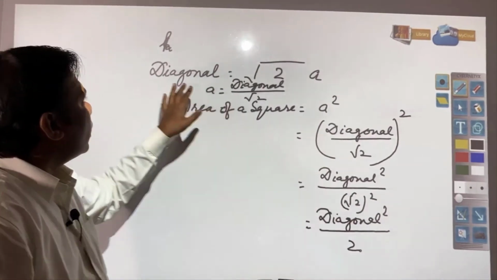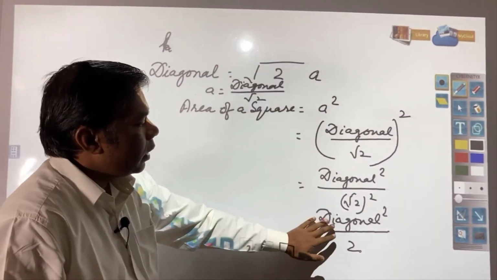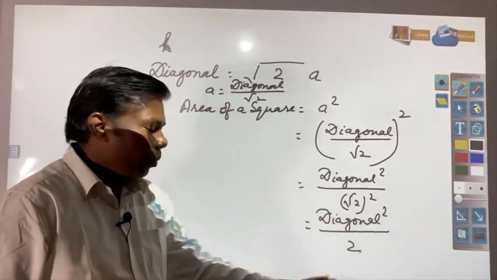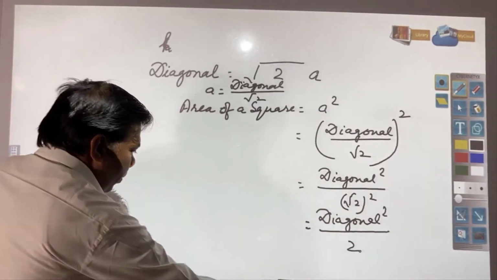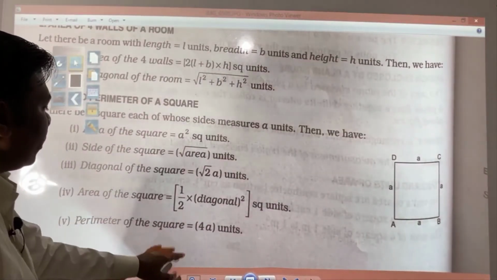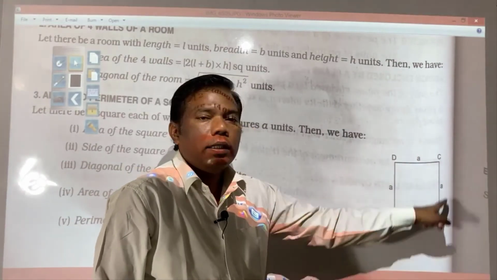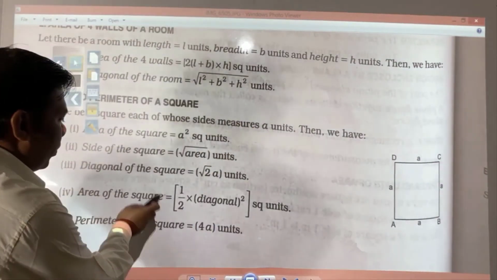So we have got the area of the square as A square and diagonal square by 2. Both formulas you need to remember. Then you have the perimeter of the square. It is so simple: A plus A plus A plus A, which is equal to 4A.